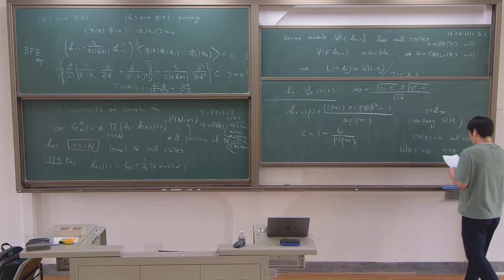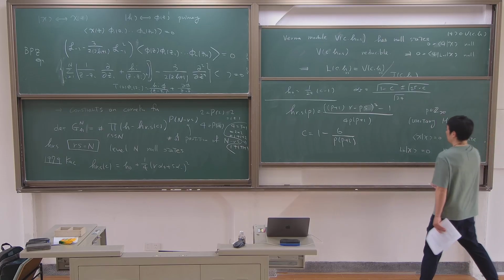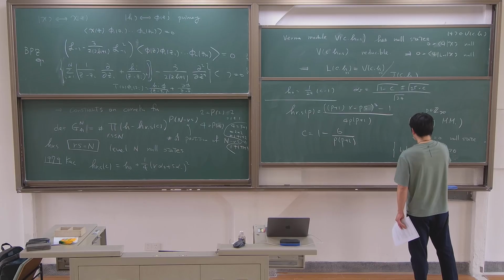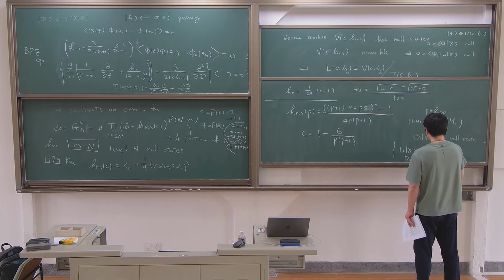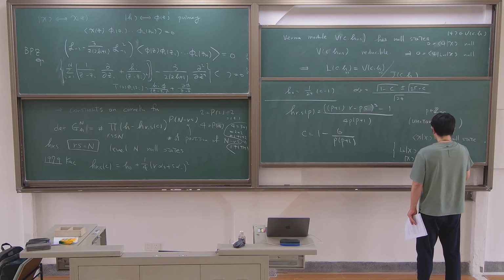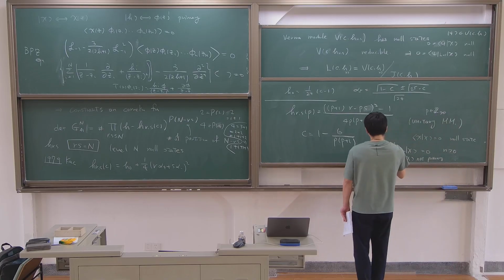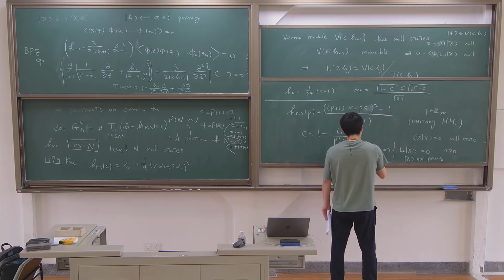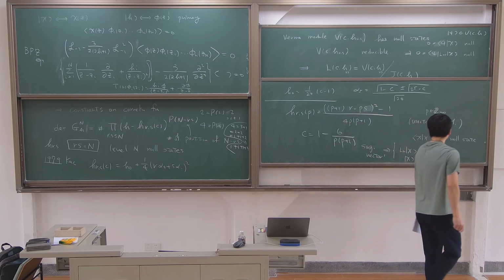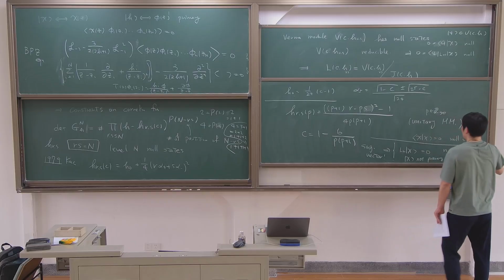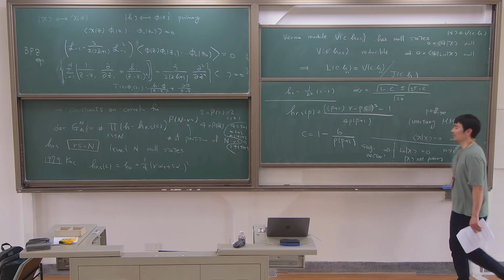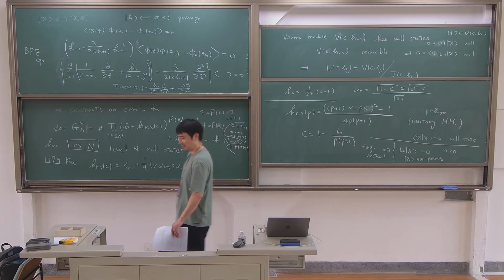And a singular vector is where chi is primary. It's called a singular vector, so it's a different thing. A singular vector is always null.